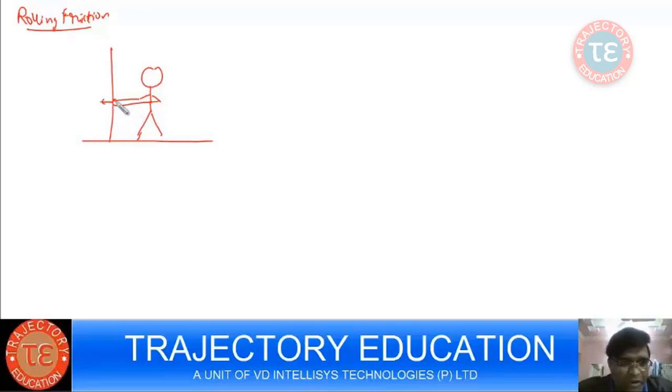When he pushes, the wall gets depressed, the wall gets deformed. Every object will get deformed if I apply force on it. If I apply force on any object, the object is bound to get deformed.